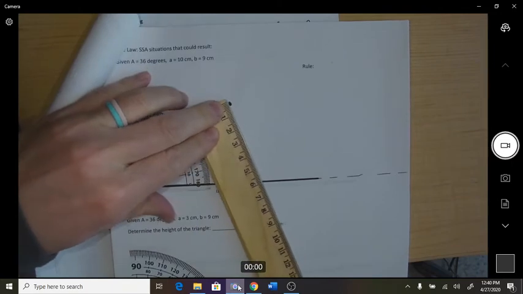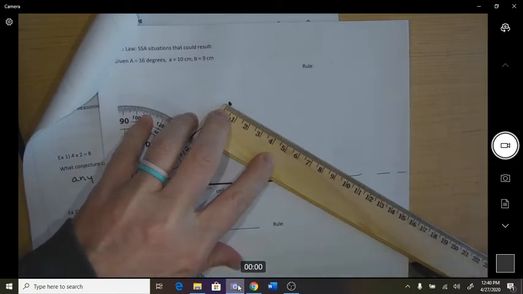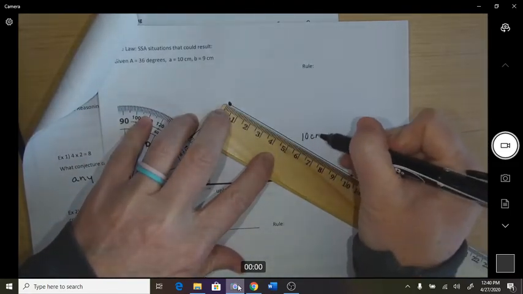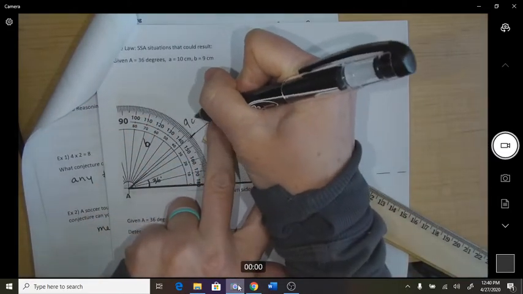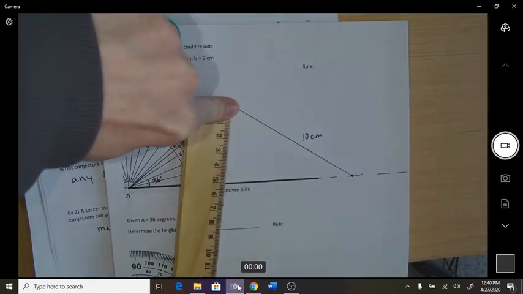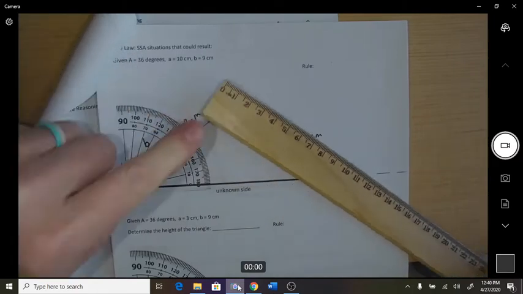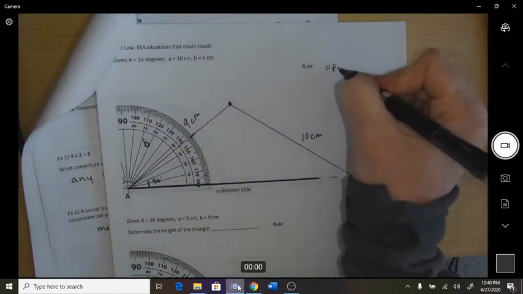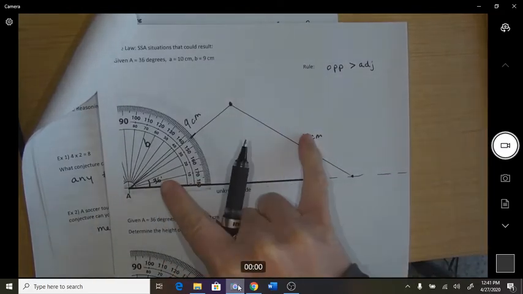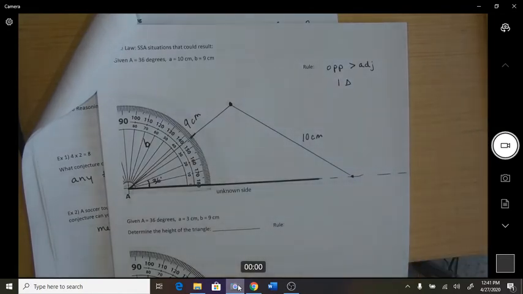If I swing it around my pivot point, 10 would fall in place right here. So if you could see me swinging it around, where is 10 ever going to meet? It's only going to meet once. Okay, so if the opposite side is longer than the adjacent side, then there'll just be one triangle that will ever form.